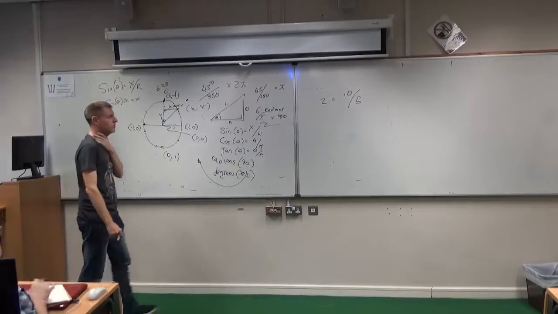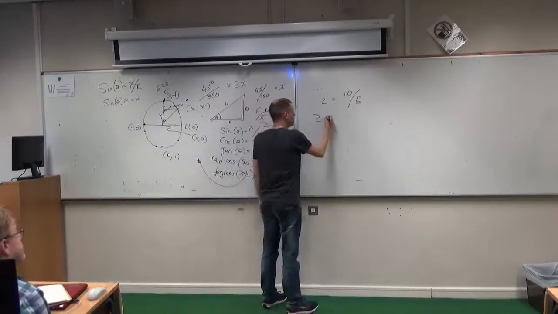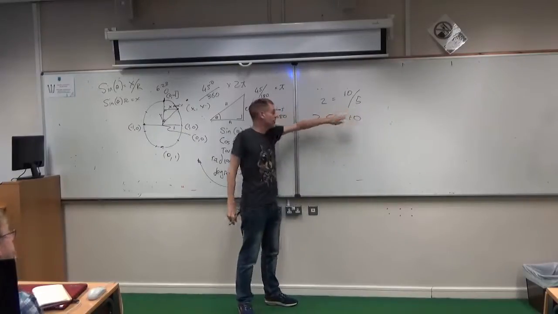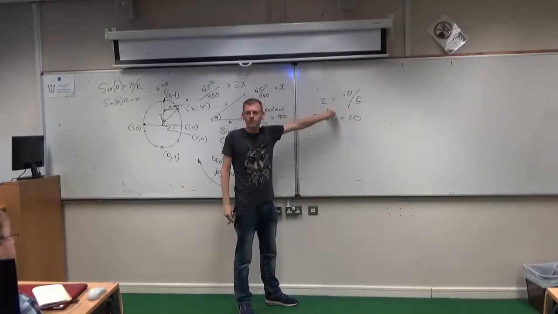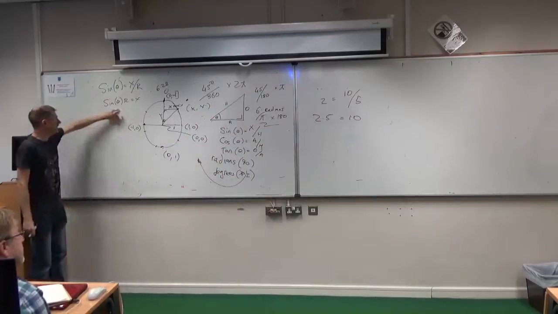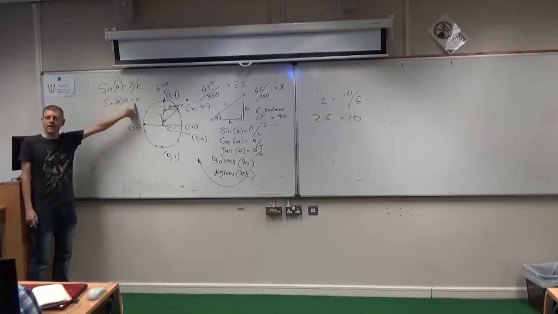What would happen if I multiplied both sides by 5? You would end up with 2 multiplied by 5 is equal to 10. So you get rid of this 5 over here, you multiply both sides by 5. Everybody see that? So that's the algebra rule I'm applying in order to get everything in terms of x. Just multiply both sides by r, and then you get sine theta times r is equal to x.